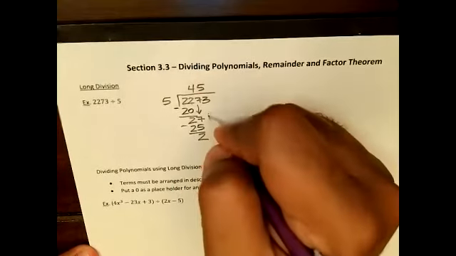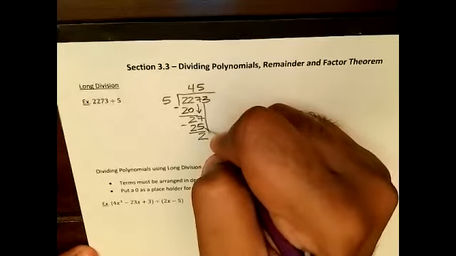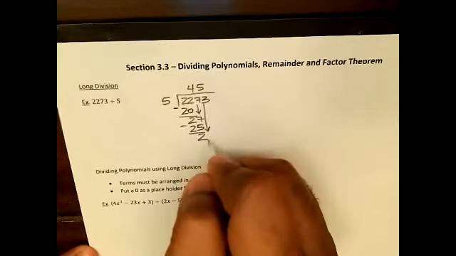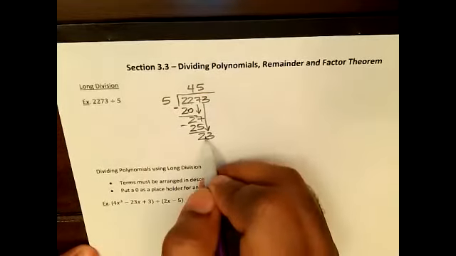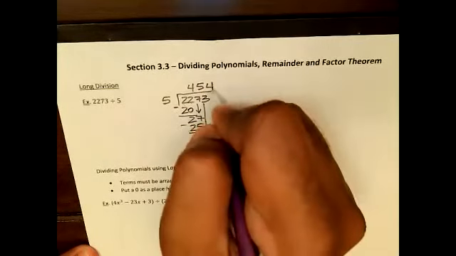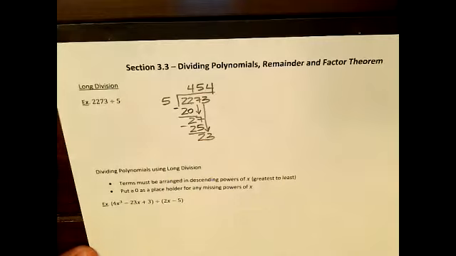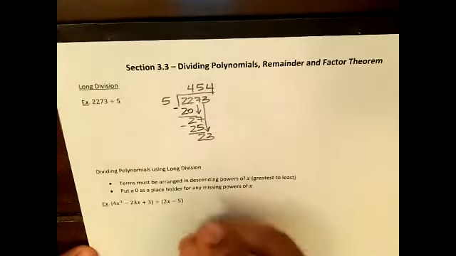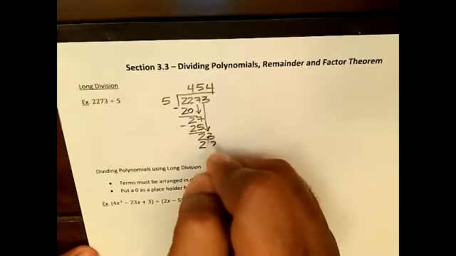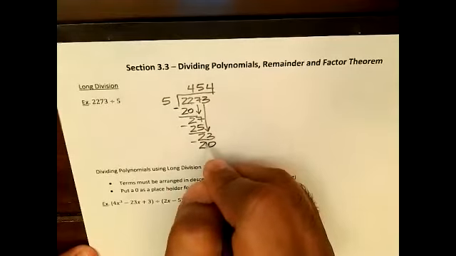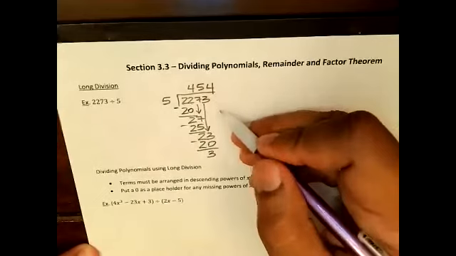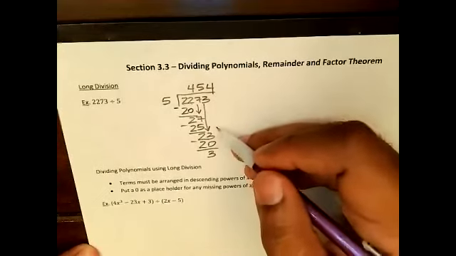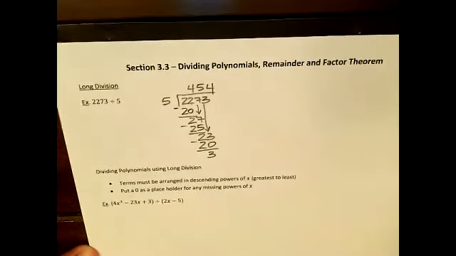After I subtract them, I bring down the next number, which is the 3. So now I have 23. How many times does 5 go into 23? That's 4 times. When I multiply 4 times 5, that's 20. Then I subtract 23 minus 20, which gives me 3. Now there are no other numbers for me to bring down, so this is where I stop.